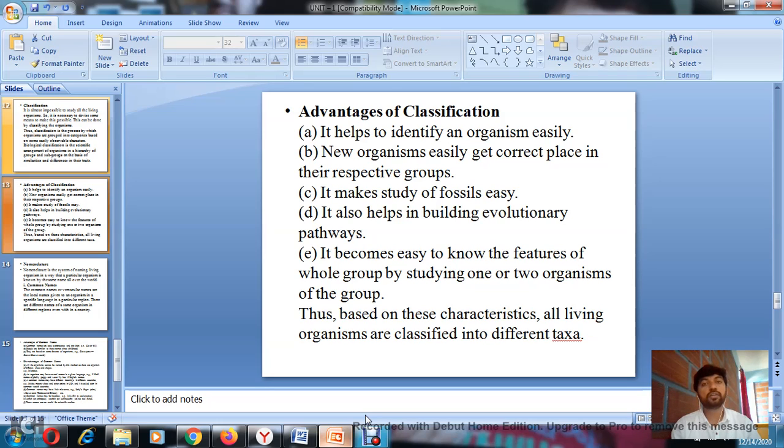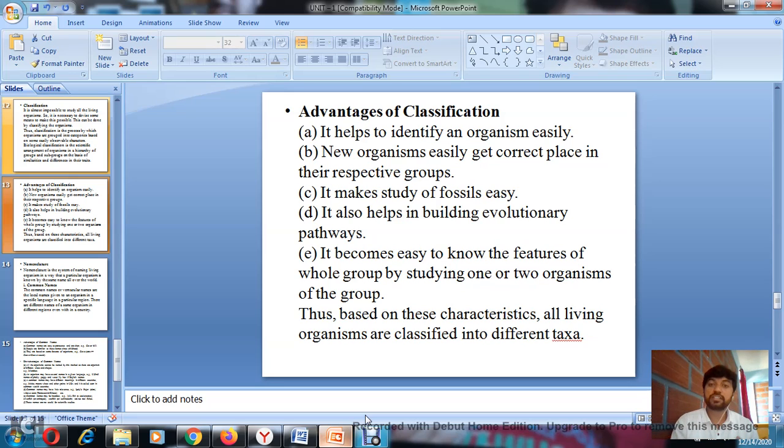We can study fossils very easily if we have a classification, because in a classification a lot of comparisons are done. They have divided the organisms into different groups, like this organism belongs to this class and this family, then this genus.